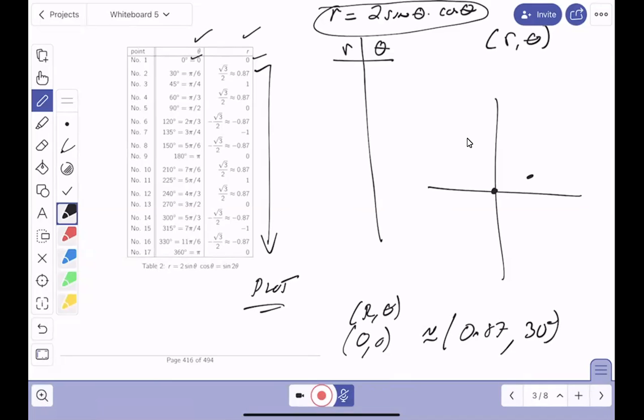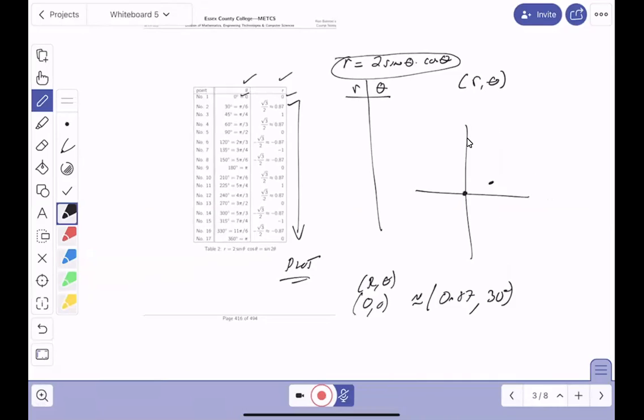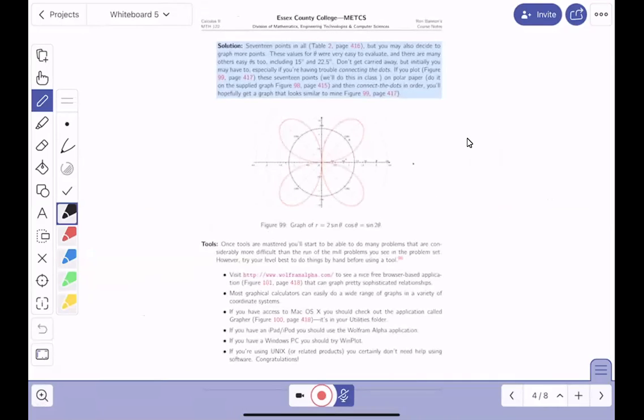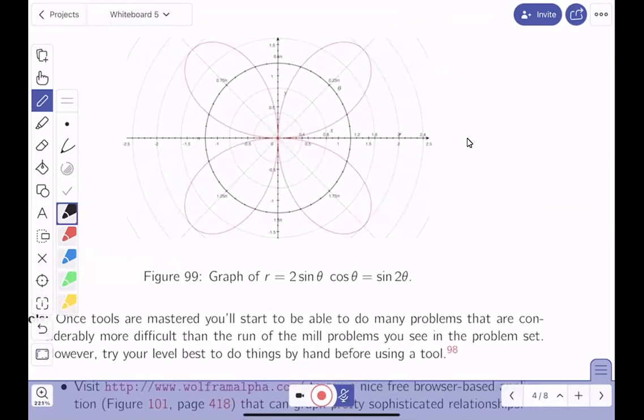And you connect the dots. Let me just see if there's anything else on that page. There's not. The next page, if you were to do that and plot all the points out, you're plotting one point at a time. One point at a time. And you'd see these things wrap around and you'd eventually be able to connect them together.